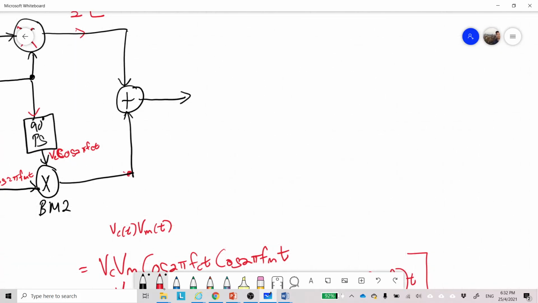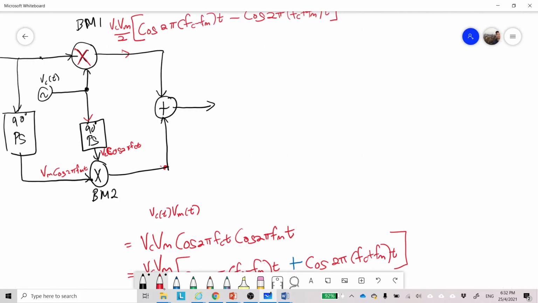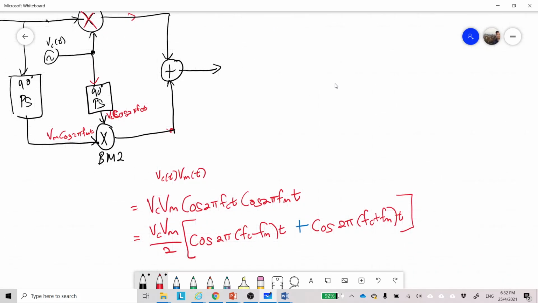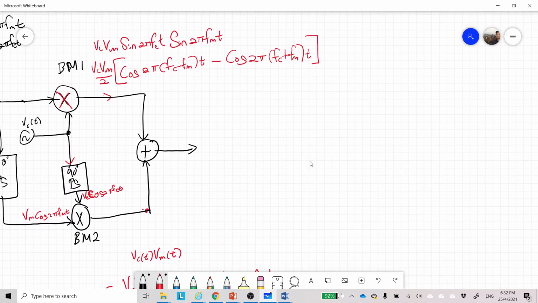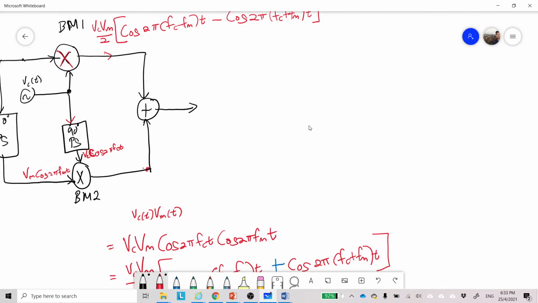So what happened is that the output from BM1 and the output from balance modulator 2 go to the adder. So the adder will do the process of summation. The above part will add to the lower part.